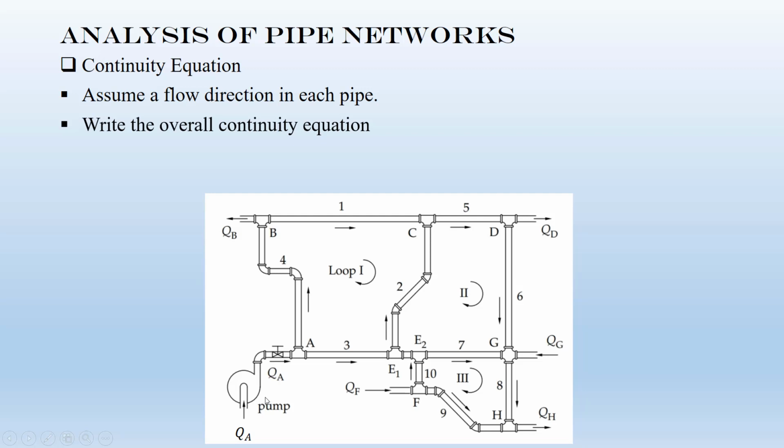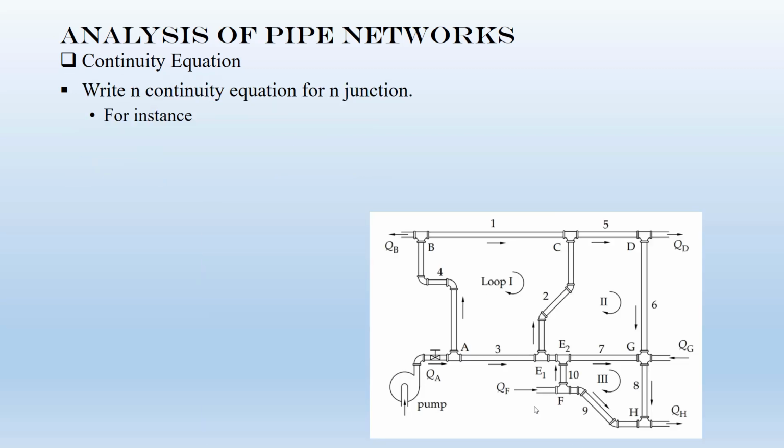For this example, there is one inlet here, and another one here, so there are three inlets. Keep in mind that Q is volumetric flow rate. QA plus QF plus QG equals QB plus QD plus QH. This is the overall continuity equation.